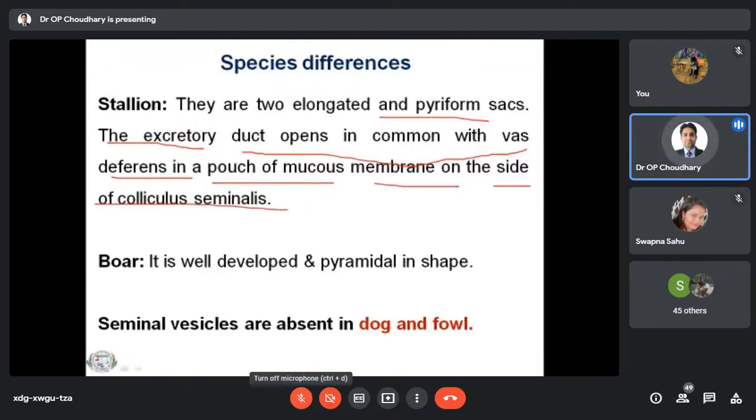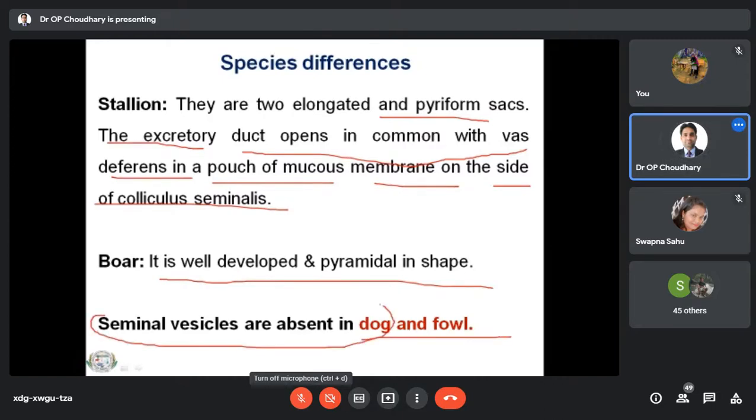I already told you this. In the boar, the seminal vesicles are well developed and pyramidal in shape. In the dog and fowl, the seminal vesicles are absent. This is very, very important.